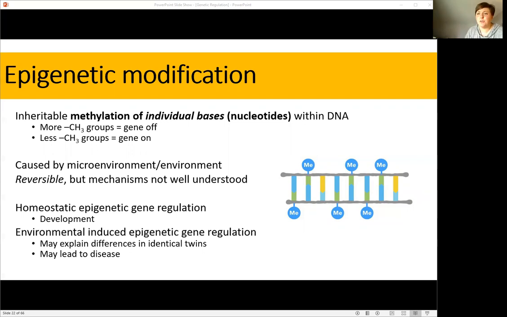Some of these changes are induced by external environmental exposures. In fact, epigenetic modifications are believed to contribute to differences observed in identical twins. Some of these changes, such as those that occur throughout development, are homeostatic and contribute to our normal genetic variation. But some of these changes can be damaging and lead to disease.